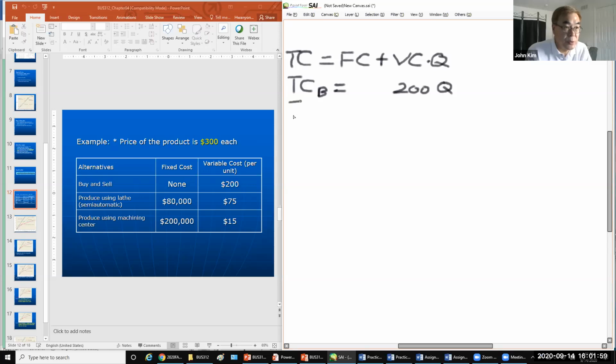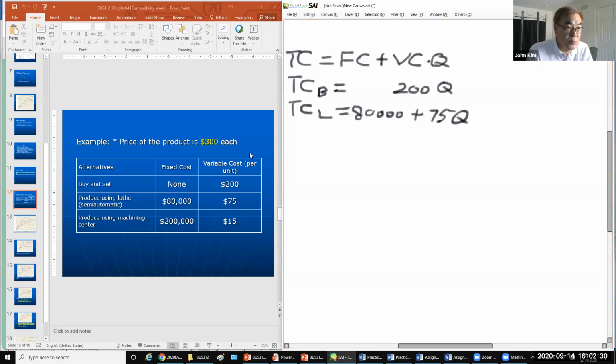And then second one, TC, using lathe, so I will denote this one L equals fixed cost is $80,000 plus variable cost is 75Q.